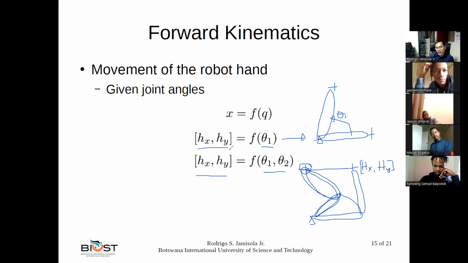Anyway, this is what I'm trying to say here: the number of inputs will result in independent movements of the outputs if the number of inputs is at least greater than or equal to the number of outputs.